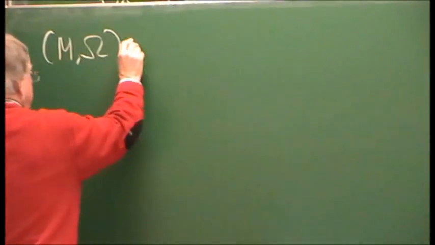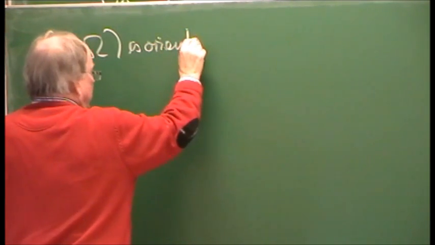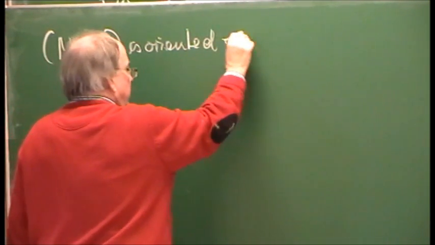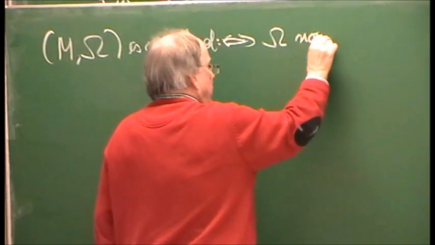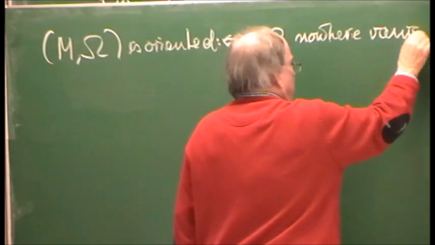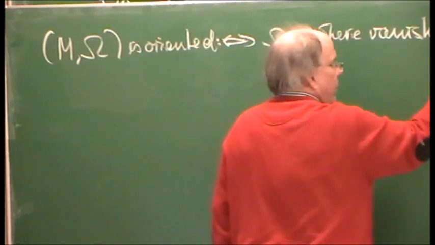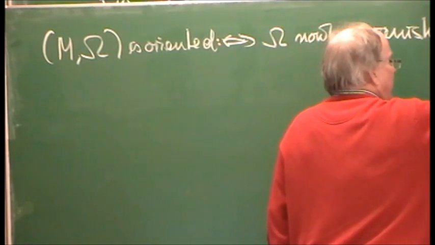So, definition: (M, omega) is an oriented manifold means that omega is a nowhere vanishing element of the top dimensional forms.